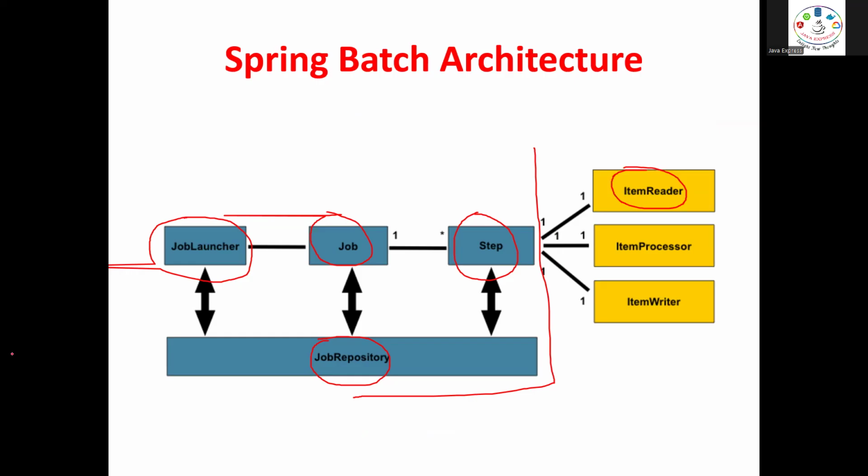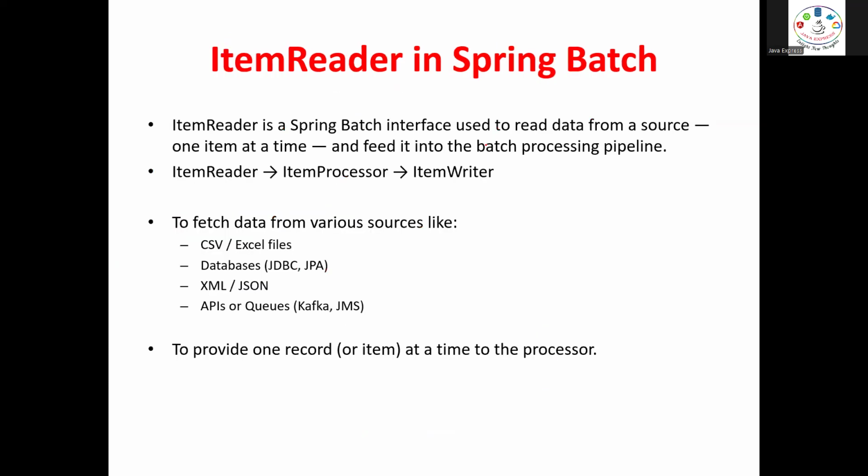As you know, Spring Batch means bulk update or bulk delete of anything. It's kind of a bulk operation. As part of the Spring Batch architecture, this is our overview of the architecture. Now let me start with the item reader.